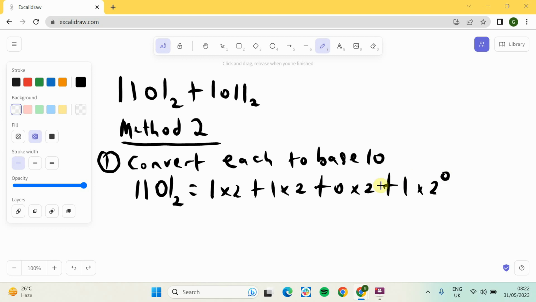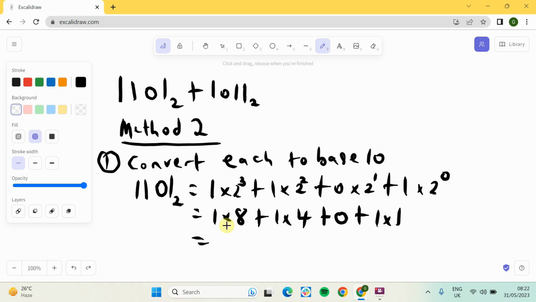So this is 0, 1, 2, 3. So this is 1 times 8, 2 raised to the power 3 is 8, plus 1 times 2 raised to the power 2, that is 2 times 2, 4. Plus, anything that multiplies 0, you can just put 0 without disturbing yourself. Plus 1 times 2 raised to the power 0, anything raised to the power 0 is 1.